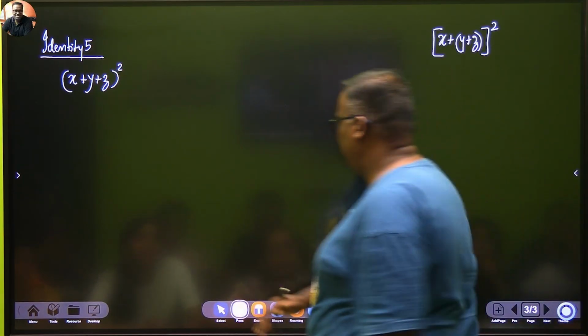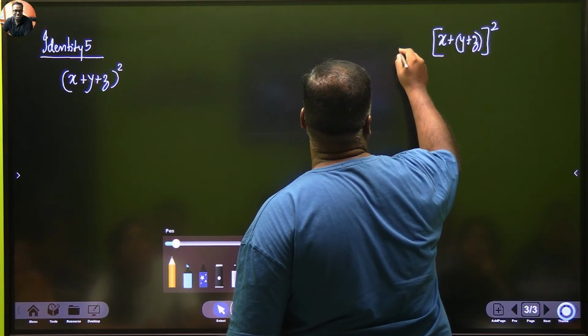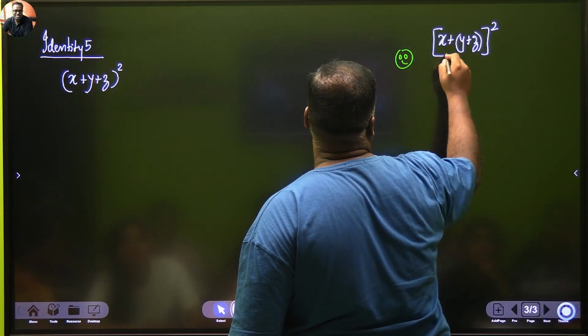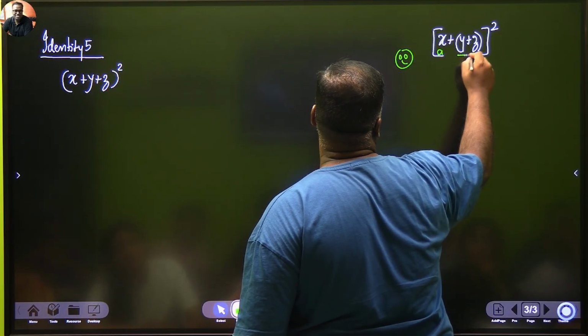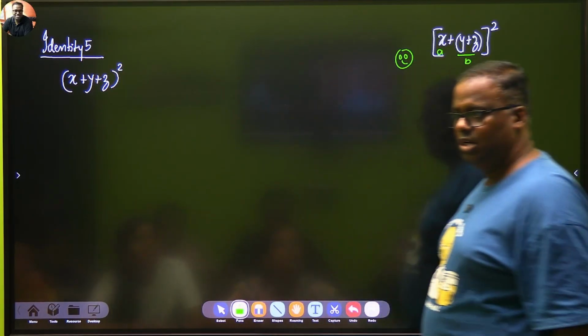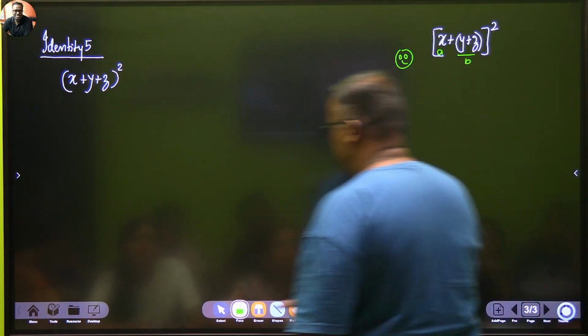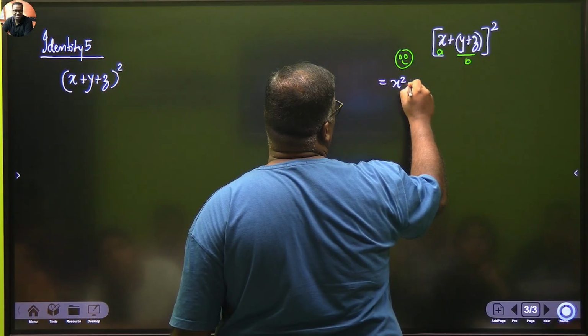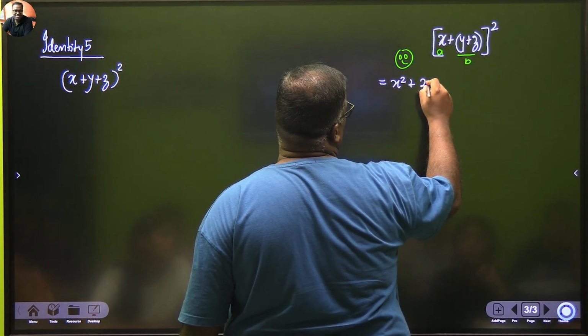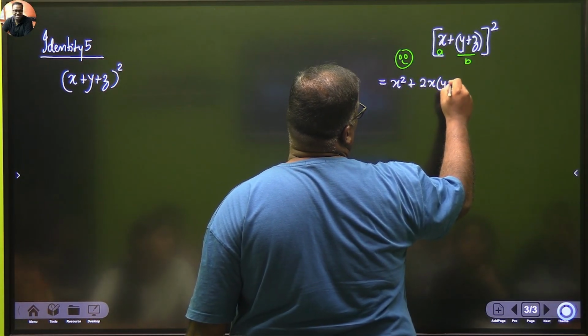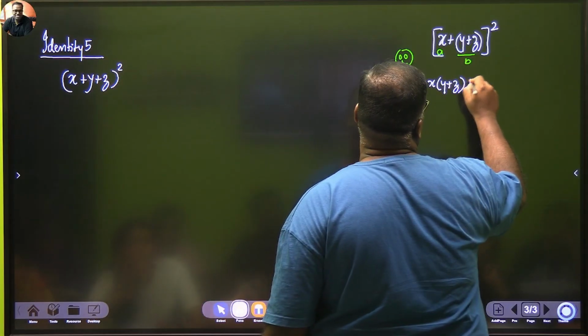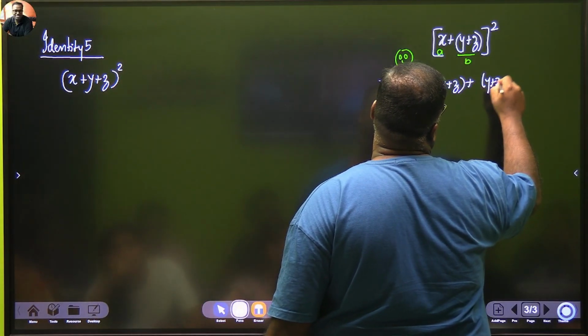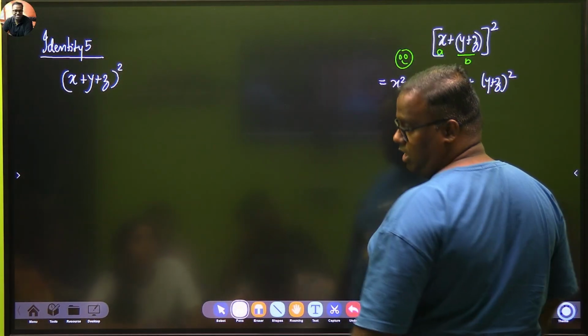And when I write like this, in my mind, मन की बात, I treat this fellow as A and this whole term as B. Agreed? So what is my expansion formula? Tell me. A square plus 2AB, 2 into x into y plus z, 2AB plus B square, which is y plus z whole square. You understood?